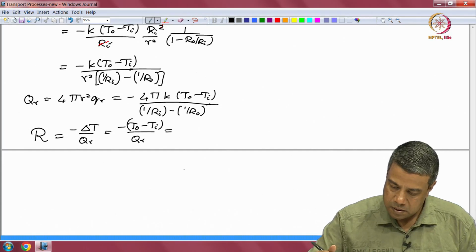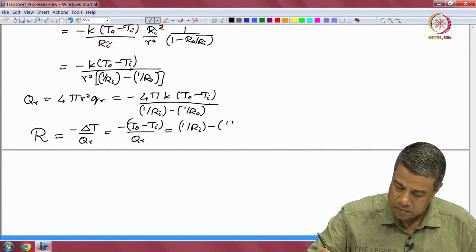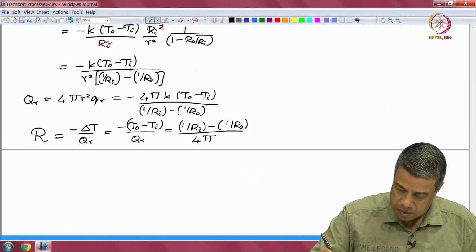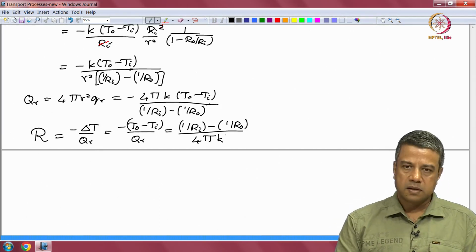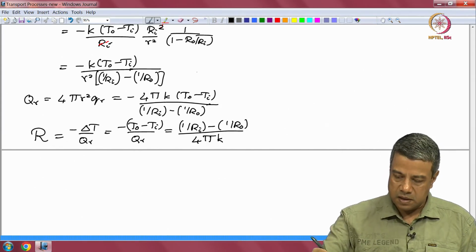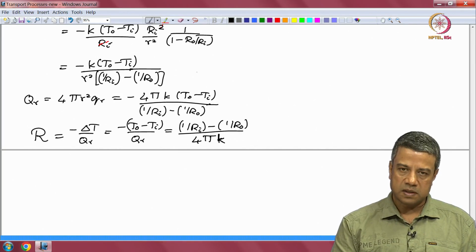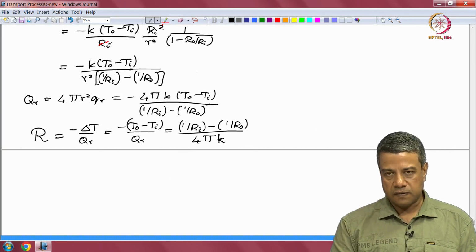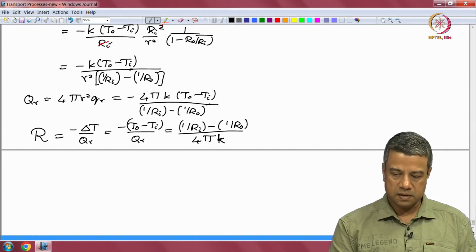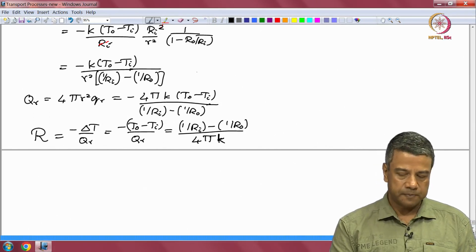This will be equal to 1 by Ri minus 1 by Ro divided by 4 pi K. So, this is the heat transfer resistance. This is the ratio of the temperature difference and the flux. Temperature difference is equivalent to voltage difference, and the rate of transport of heat is equivalent to the current. The ratio of these two is the heat transfer resistance, and this is the expression 1 by Ri minus 1 by Ro divided by 4 pi K.